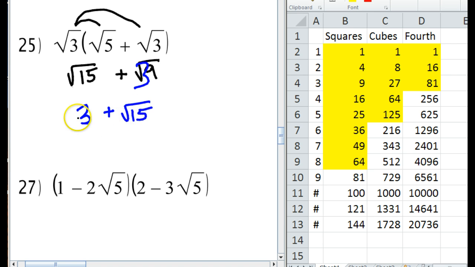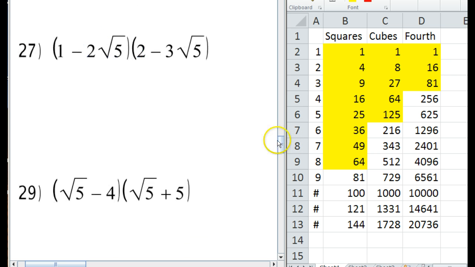But it's not wrong if you do root 15 plus 3 either. Okay. So that's more of a simple monomial, one term right here, times a binomial, 2 terms. Then we have a binomial times a binomial. That's just for distributive properties.